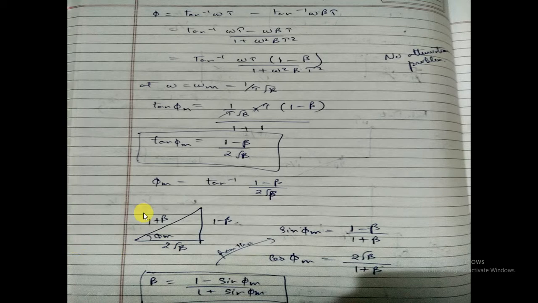So again this triangle will be drawn, and we will be getting the values of sine phi m and cos phi m, and the easiest is sine phi m equals 1 minus beta by 1 plus beta. From this formula we can calculate beta as 1 minus sine phi m by 1 plus sine phi m. Everything is almost the same. So just remember one thing, and the others will be remembered easily.